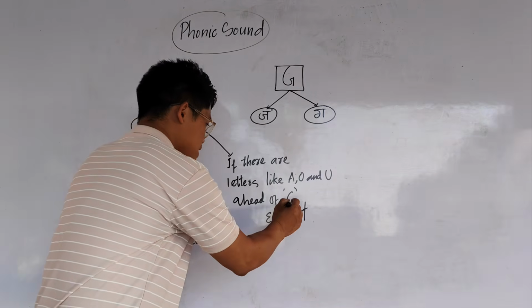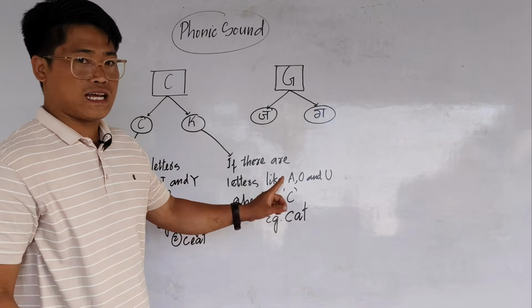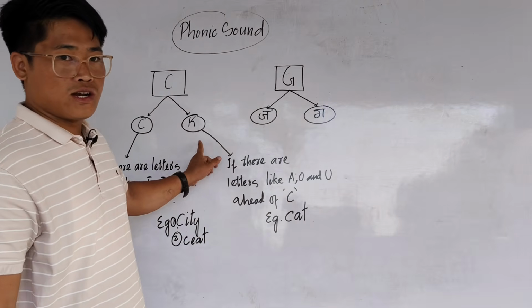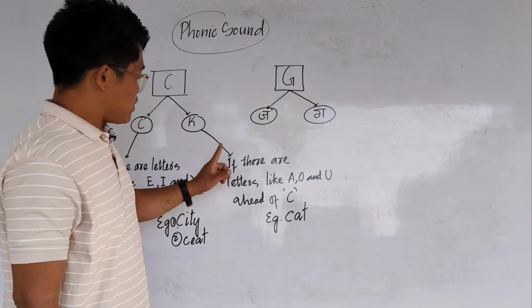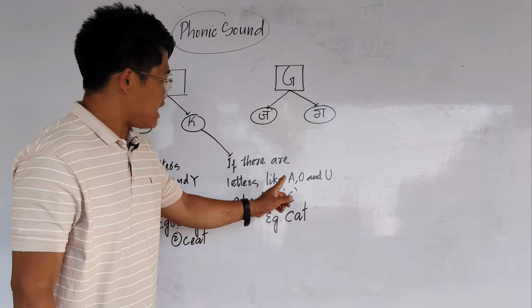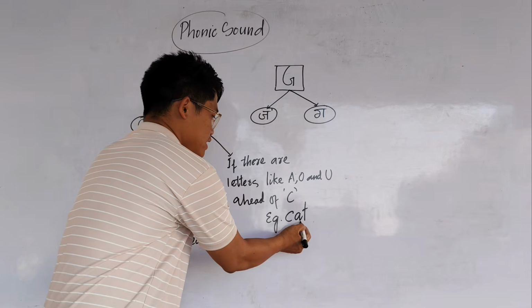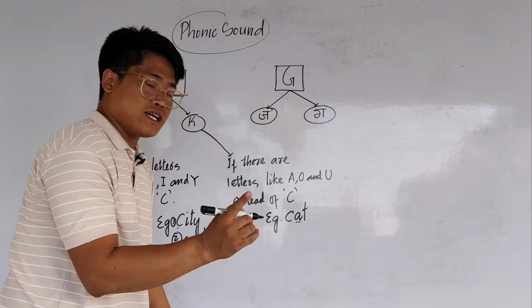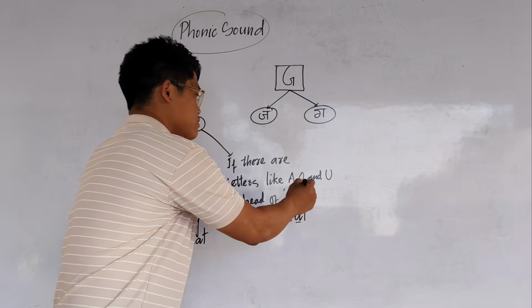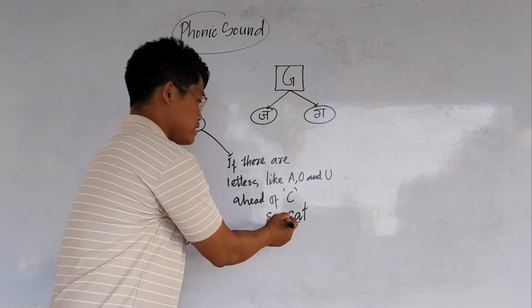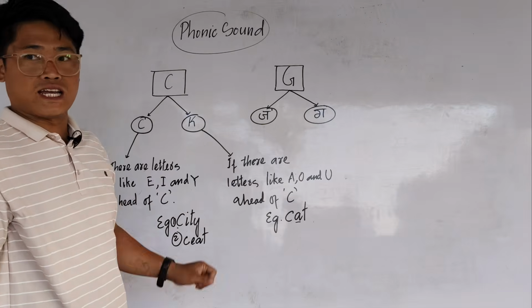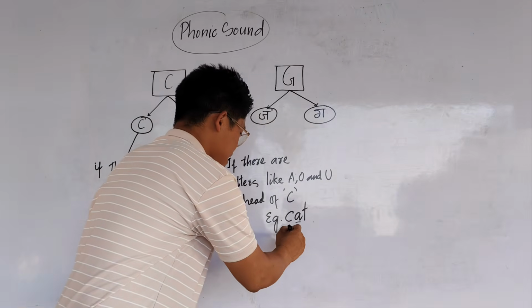So look, the letter C here takes the sound of K, not the C but K. If the next letter is any of A, O and U, then you will pronounce this as K. C-A-T, cat.